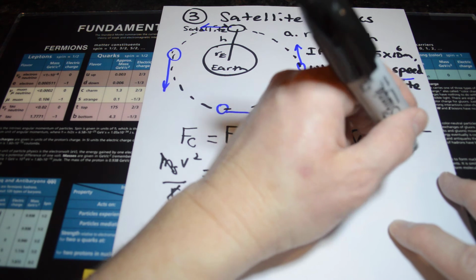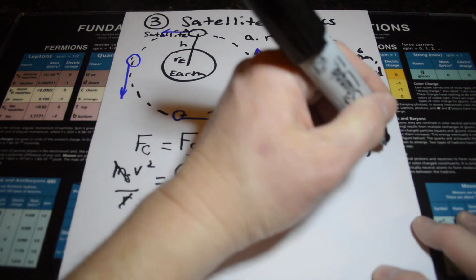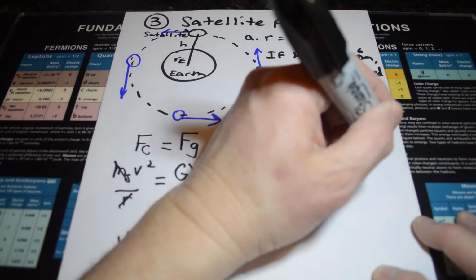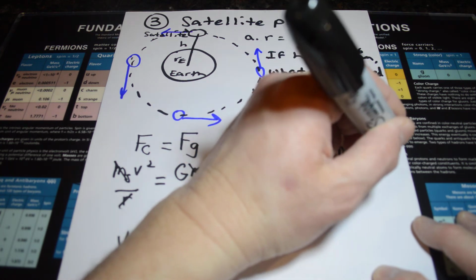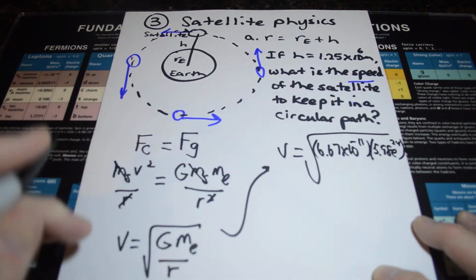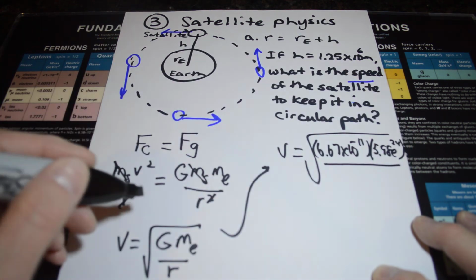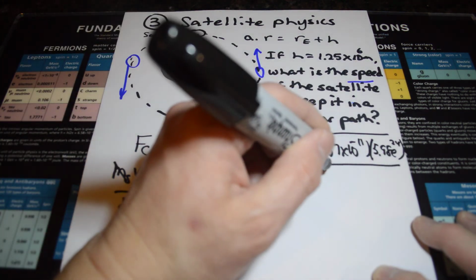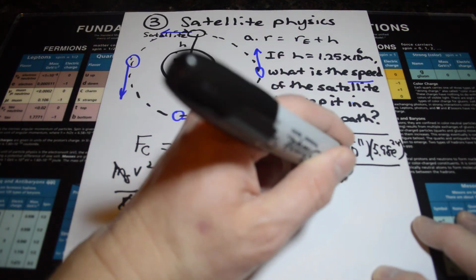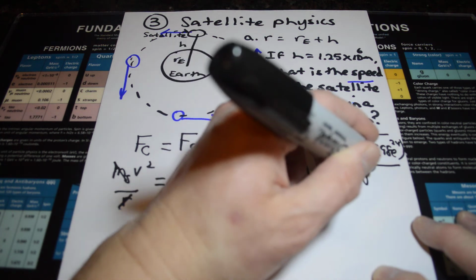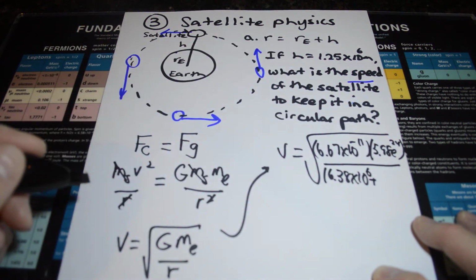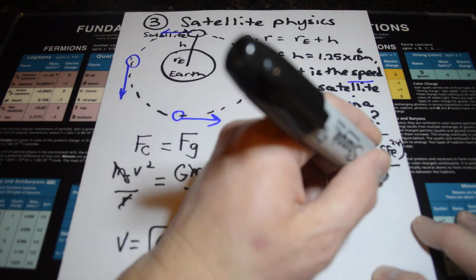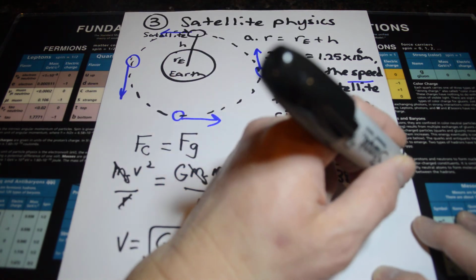I don't have a lot of space, so I'm going to cancel out the units for right now. The mass of the Earth is 5.98 times 10 to the 24th kilograms. The radius of the Earth is 6.38 times 10 to the 6th, and then we add to that the height, 1.25 times 10 to the 6th.